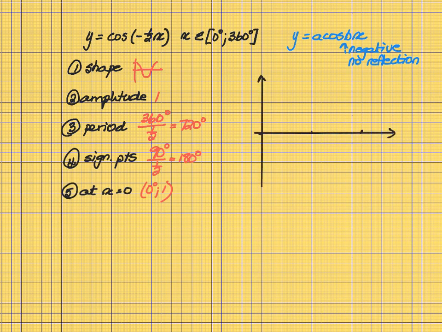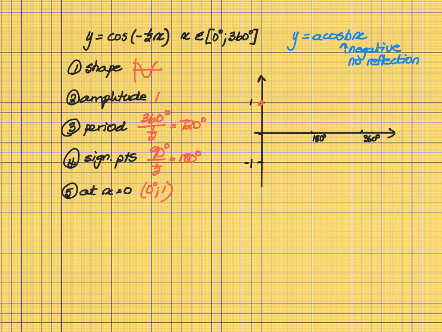Plotting those points at 0 degrees, whoops, I didn't put my y-axis scale in, there it is, 1 and negative 1. So plotting those points, when x is 0 degrees, y is equal to 1, following the shape, I know that I only have significant points every 180 degrees. So this is 180 degrees, that's 360 degrees.